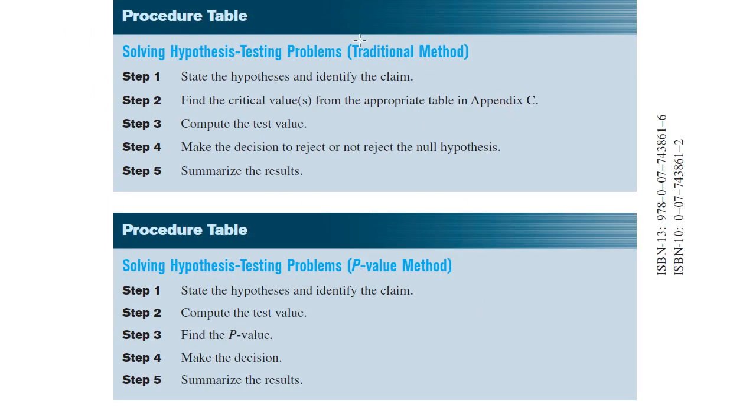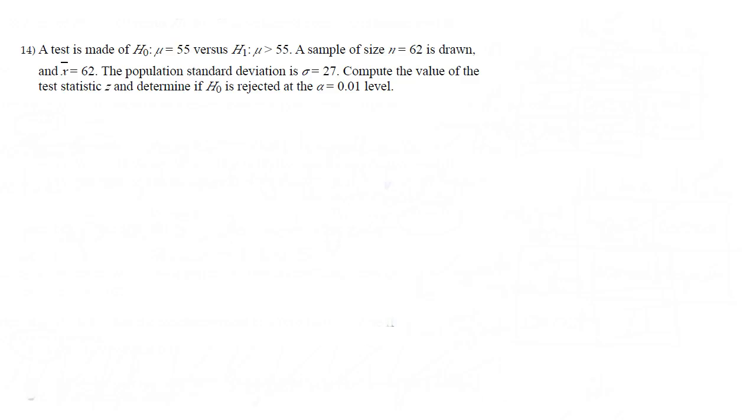The procedure for the traditional method, 5 steps here, and the procedure for the p-value method, the 5 steps are here. I'll try to show both methods, and whichever method you find more appropriate, use it. In some cases the p-value method won't be able to be done, but if you can use it and you like it, use it. So I'll go back and forth between this and those formulas there.